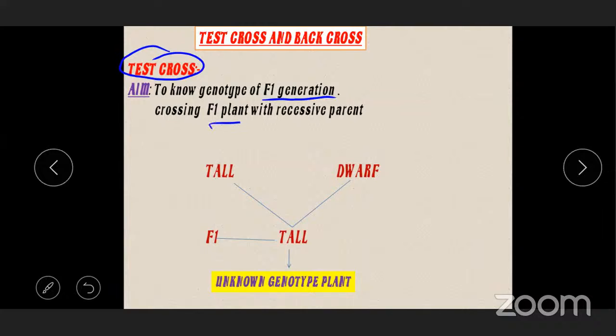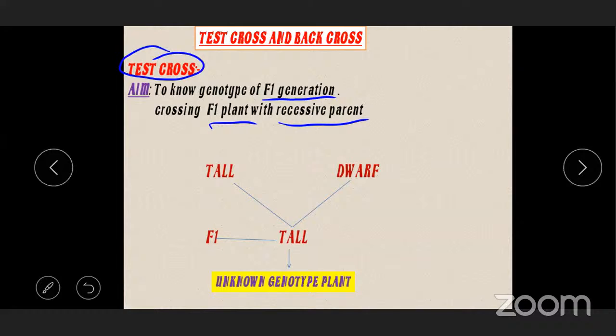Crossing of F1 plant with recessive parent. Simple thing, don't confuse. So what is test cross? To know the genotype of F1 generation, crossing the F1 plant with recessive parent is known as test cross.